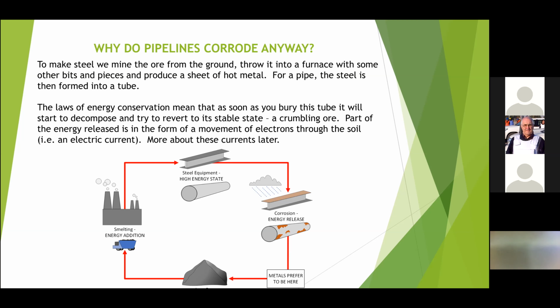The minute you leave that, it will start reverting back to being an ore. The process is quite slow in the absence of any external interference. But if you get acid rain, or if you bury it in corrosive soil, or if you apply currents to it, which we'll talk about a bit later, it will corrode rapidly.